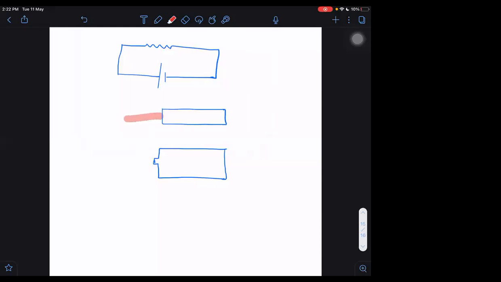These are the connecting wires. This side positive, this side negative.